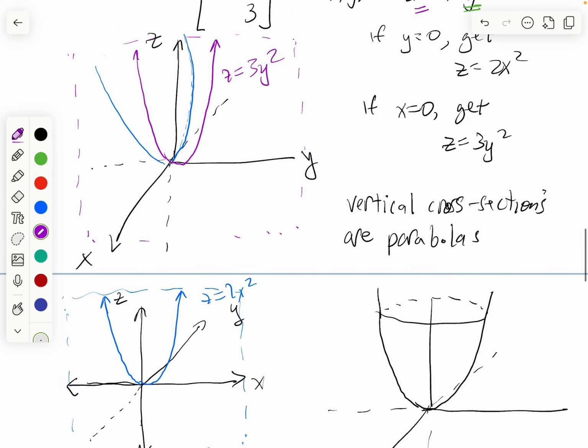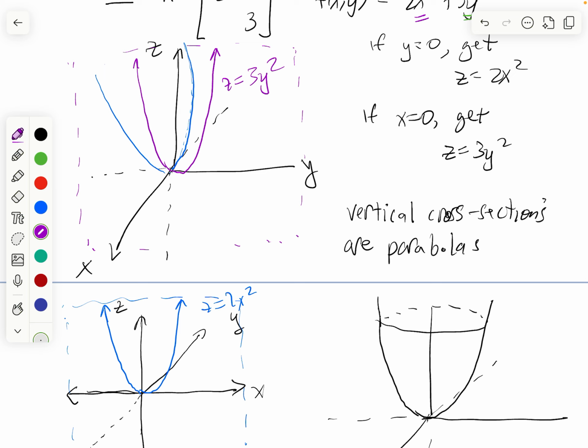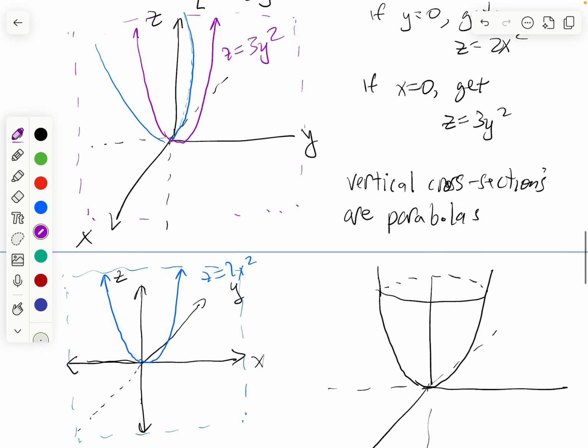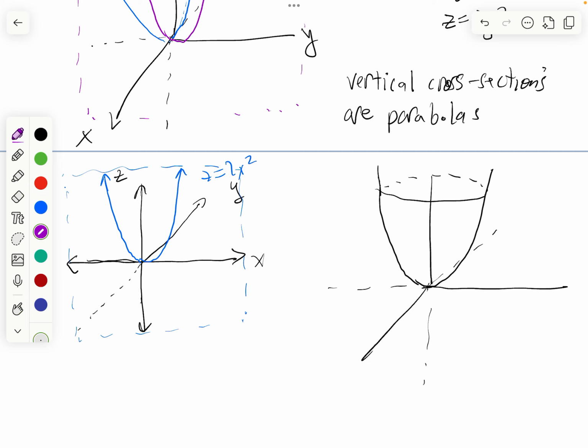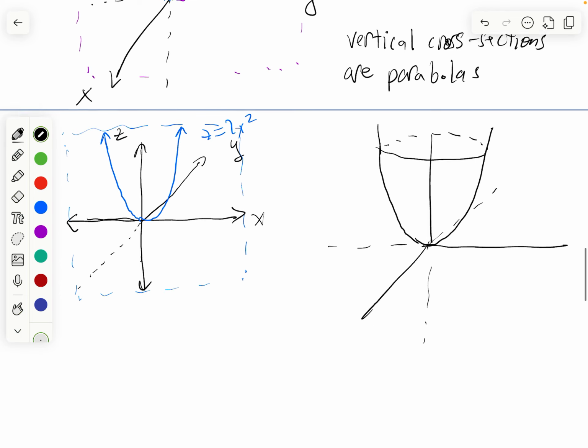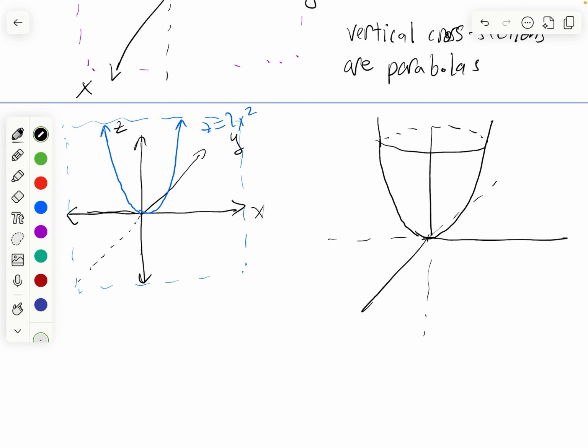One way of thinking about it is that the horizontal cross sections are going to be ellipses instead of circles. But anyway, for the purpose of this video, we're not going to get too much into that. That's something that you think more about in multivariable calculus. So you get this bowl-like shape, and this point 0, 0 we see is a minimum, right?